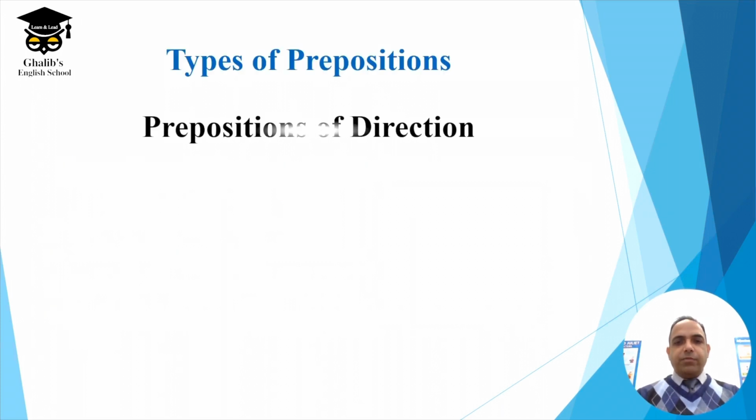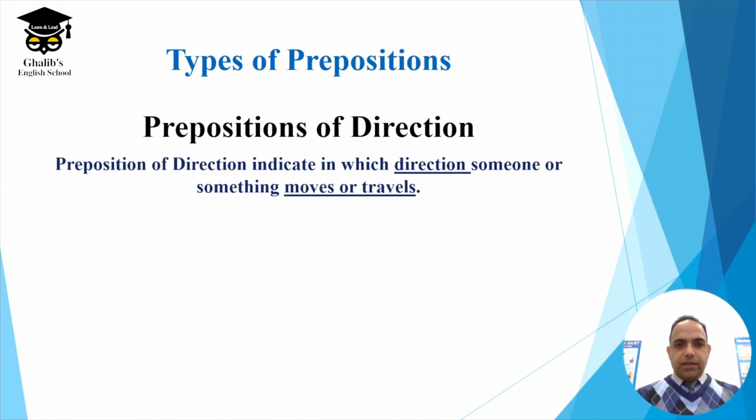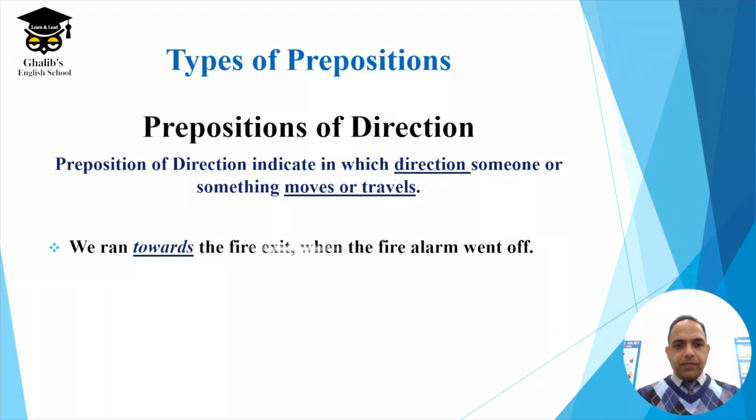Here we have prepositions of direction. Prepositions of direction indicate in which direction someone or something moves or travels. For example, we ran towards the fire exit when the fire alarm went off.